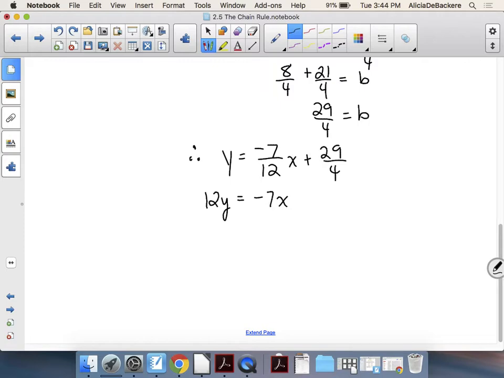When I multiply that fraction by 12, the denominator goes away. And then multiplying this last fraction, 29/4 by 12, that means that I'm going to reduce 2 times 3, and I'll get 87. And then I'll move the x term over to the other side because I need the x coefficient to be positive. Move the 87 over as well because I need it to equal 0. And there we are, that's example 2.